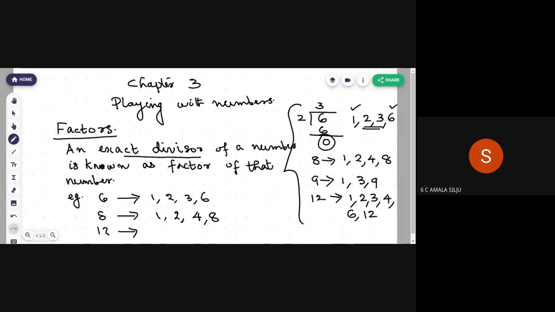Then Vivek? ക്ലാസ്സിലില്ല. It's not in the meeting. Has he joined? No, not joined, miss. Okay, so 23.